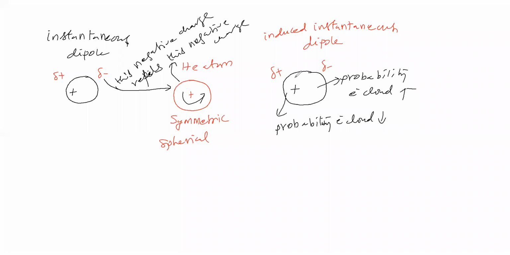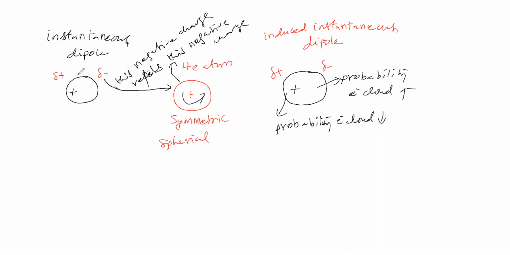Because of this one only it got like this. Otherwise, it will convert back to symmetric. It is induced instantaneous dipole. It is temporary only. Now we got instantaneous dipole, induced instantaneous dipole. Now see, this partial negative charge will attract this partial positive charge, yes or no?